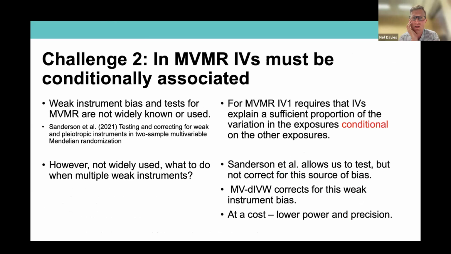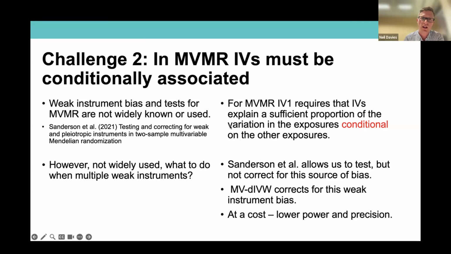And what is emphasized in this paper is that we need to demonstrate that not only are our instruments associated with our exposure of interest unconditionally, they're also associated conditionally. And that's been identified a little bit. The Sanderson paper cited in Ting's work gives a test statistic for evaluating this and reporting when you're likely to suffer from weak instrument bias.